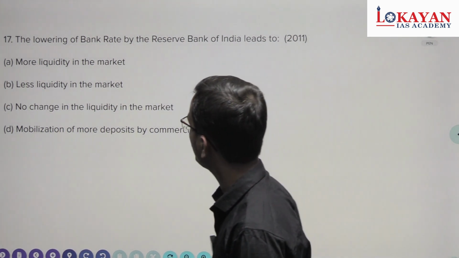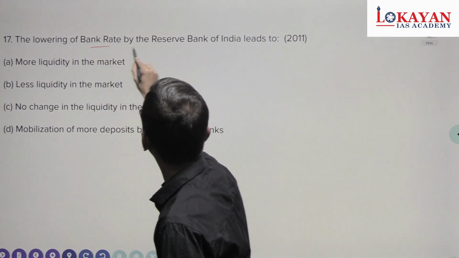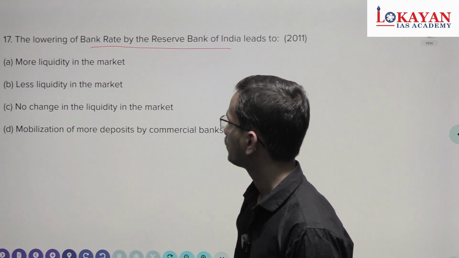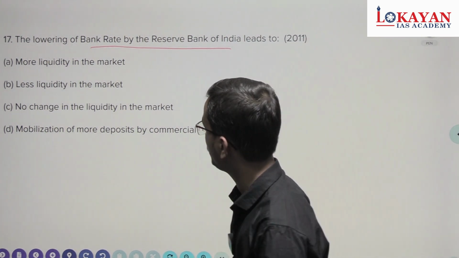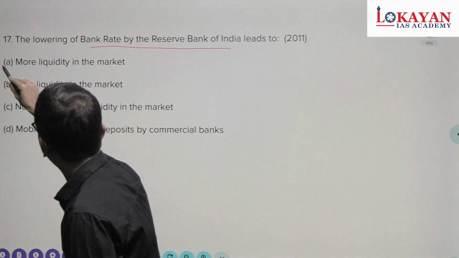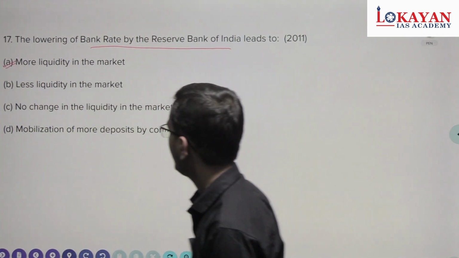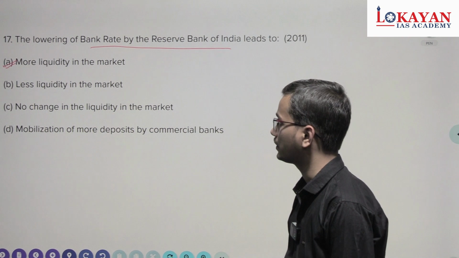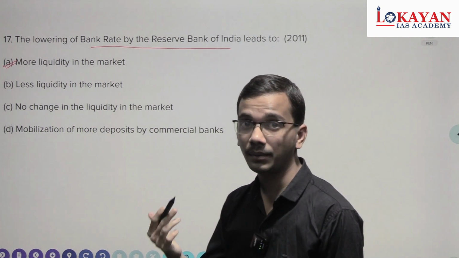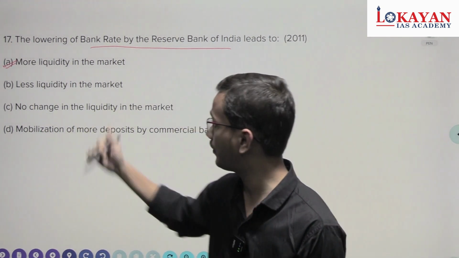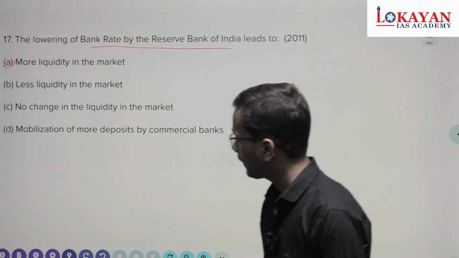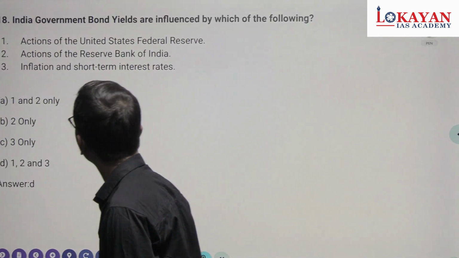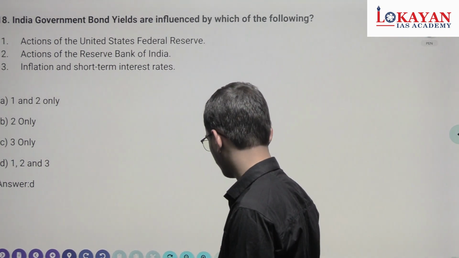Question number 17. Lowering of bank rate by RBI. Bank rate has reduced. Okay, there will be more credit availability, more liquidity in the market. First one is correct. Now observe question number 15 and 17. Similar in nature. Okay.